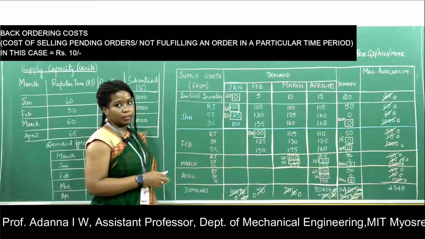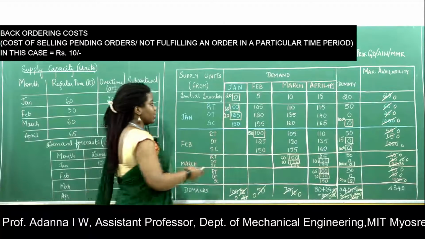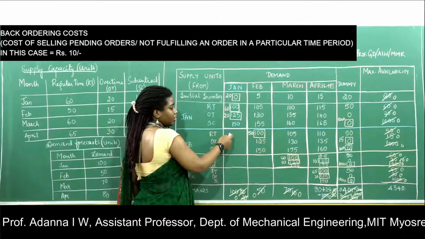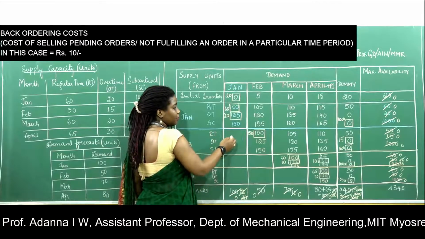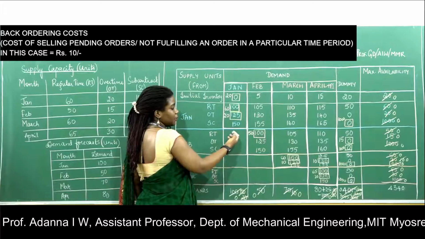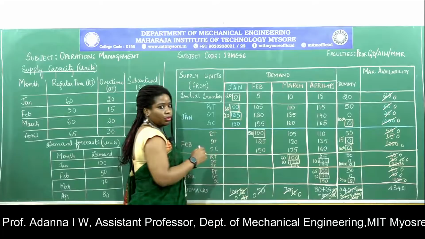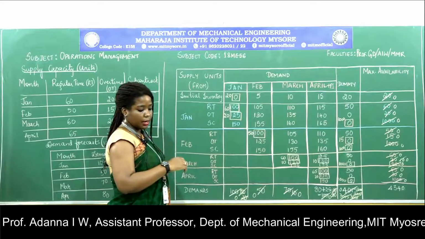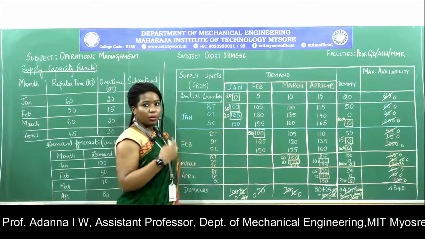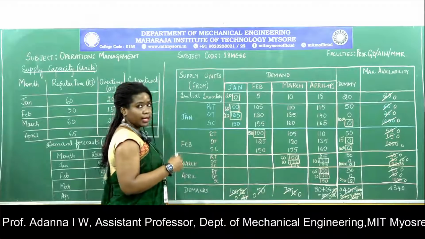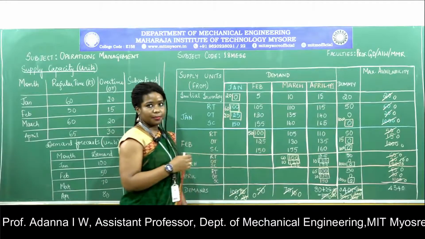So in case there is a back order, that means to say that in January something remained and the production was not completed, customers had to wait. So in the month of February, we have to sell what was given in January. So what we need to do in this case is we need to count backwards.